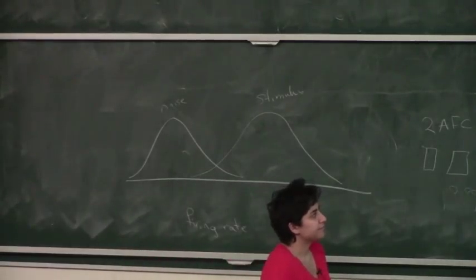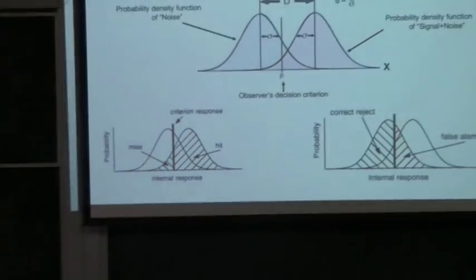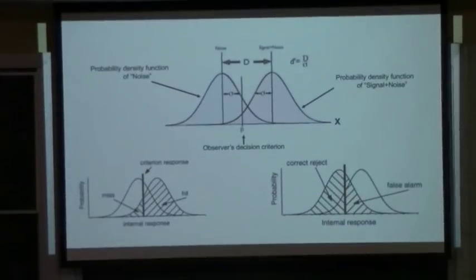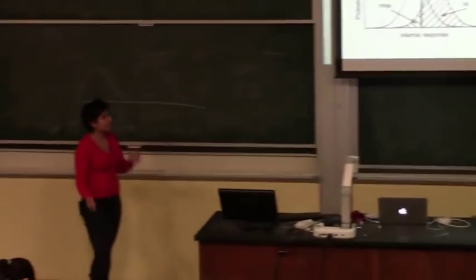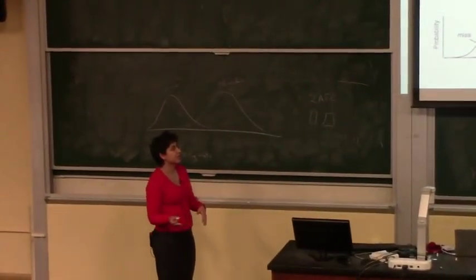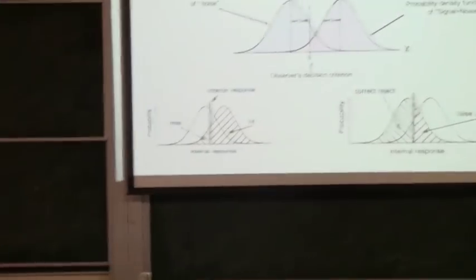So now there come the concepts, as one of your classmates pointed out, of hit, miss, false alarm, and correct reject. For the hit and miss, we're going to think only about the stimulus curve.